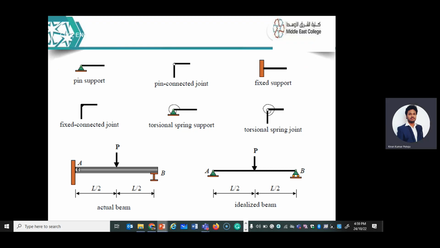So these are the 5 different types of beam: cantilever beam, simply supported beam, fixed beam, continuous beam, and overhanging beam. Sometimes there will be another type of beam in cantilever. Cantilever beam means one side fixed, other side free. There is no support. But in case there is a support, then it is called propped cantilever.